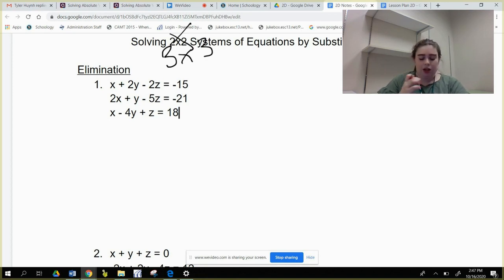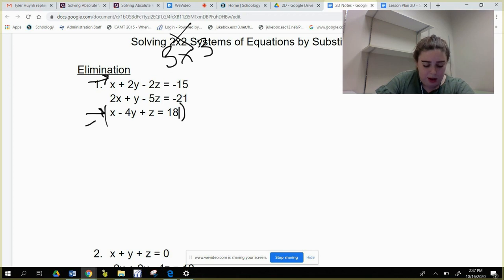It doesn't matter which ones you pick, you can just pick whatever looks easier to you. I'm going to pick the top one and the bottom one, okay? To make those x's cancel out, because I'm going to eliminate the x's, we're going to make one of them negative. So let's multiply this bottom equation by -1, okay?